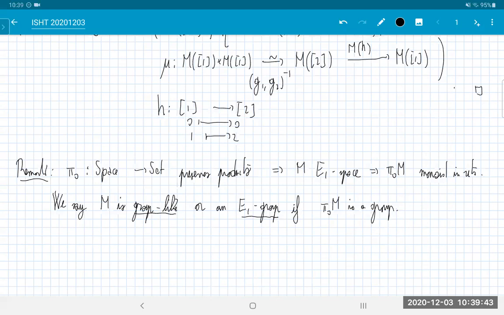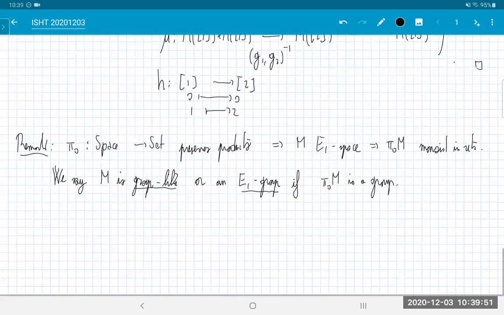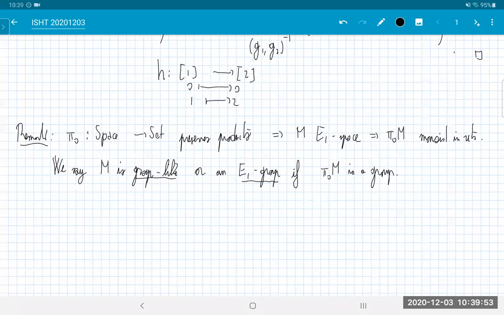Okay, this definition works only for spaces, but there is in fact a way of making it work for arbitrary infinity categories. Actually, this might be an exercise. Yeah, let me state it as an exercise.